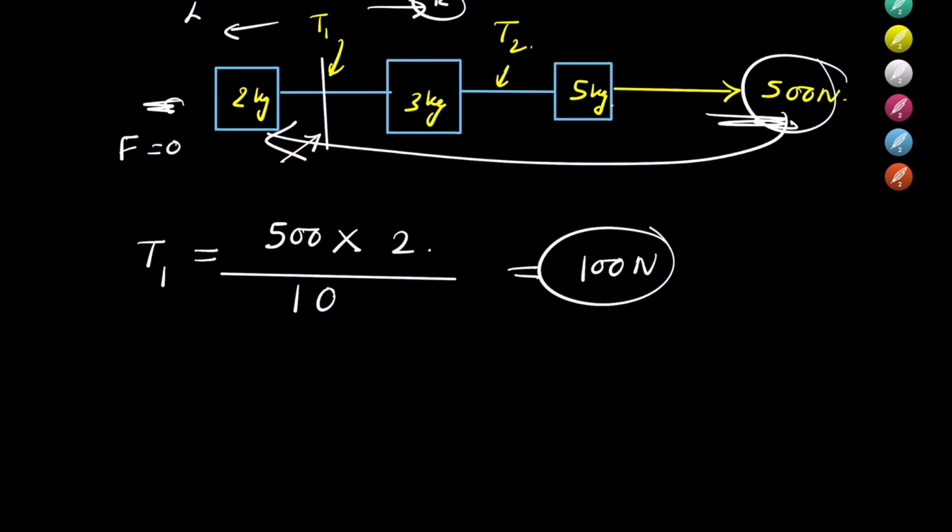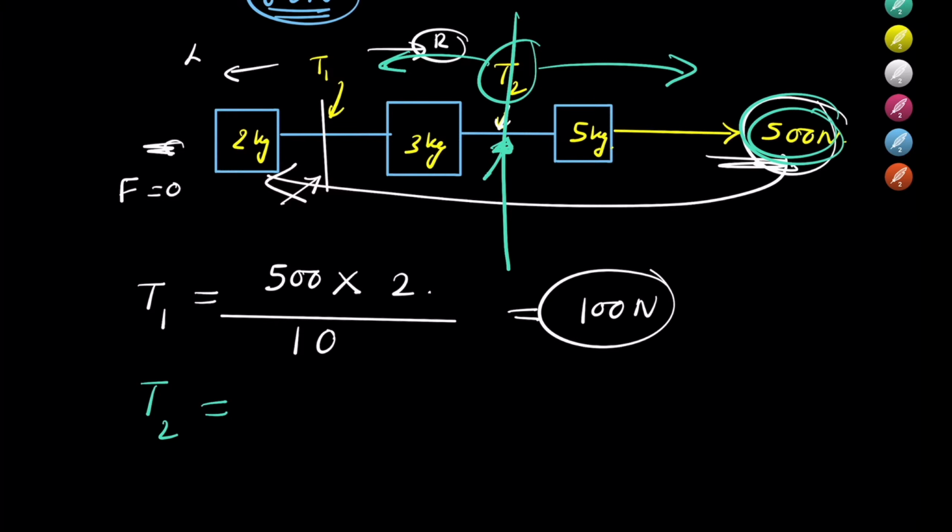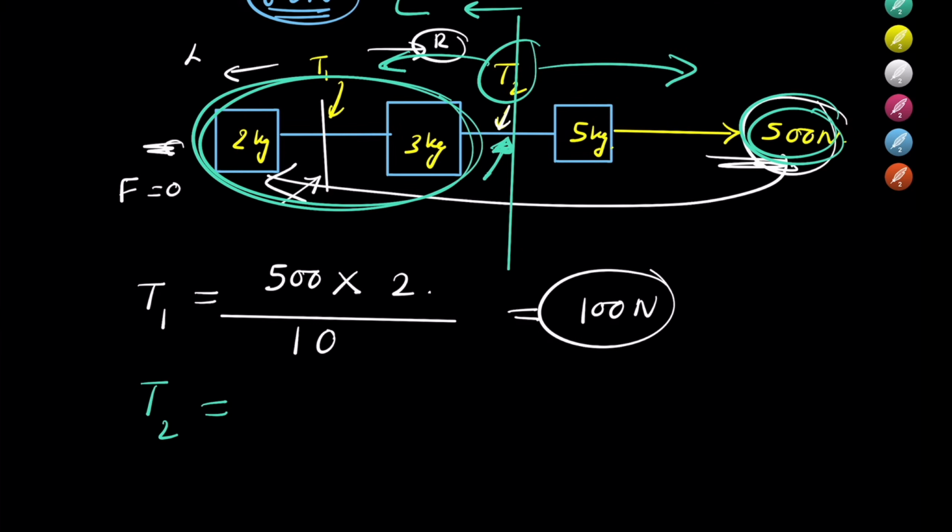Similarly, if I talk about the value of T2, the force acting in this part of the string, T2 will be again right force into left mass. So now see carefully. If you talk about this left side, you take both the masses of the system, not only 3 kilogram but 3 and 2 both.